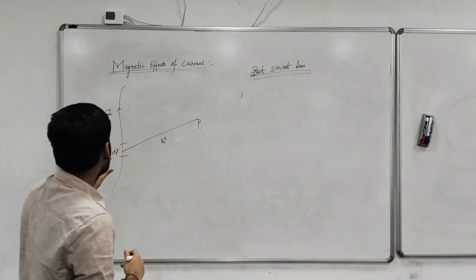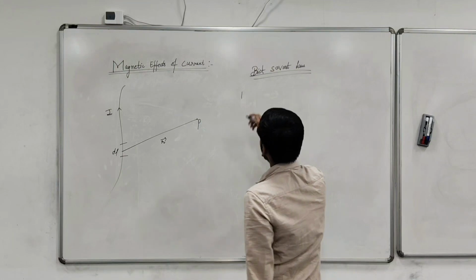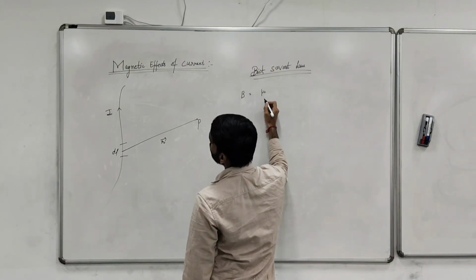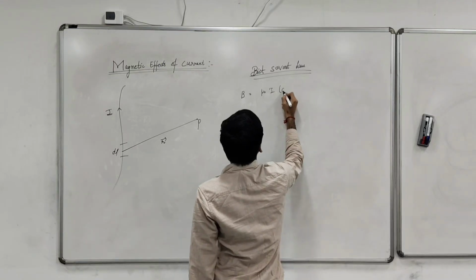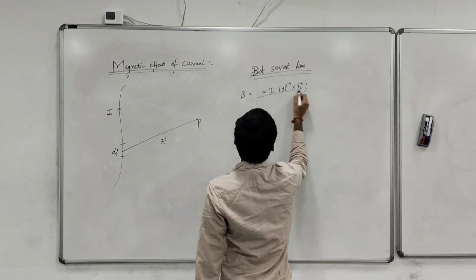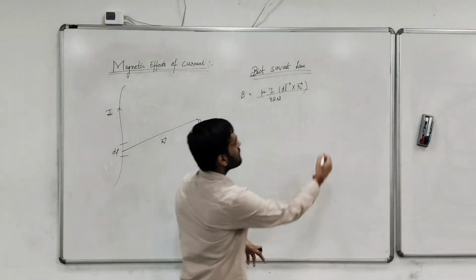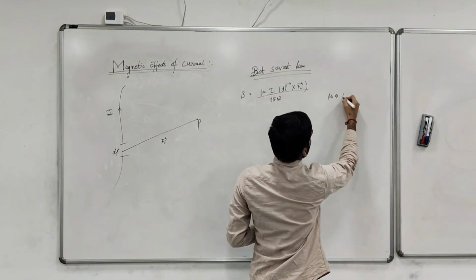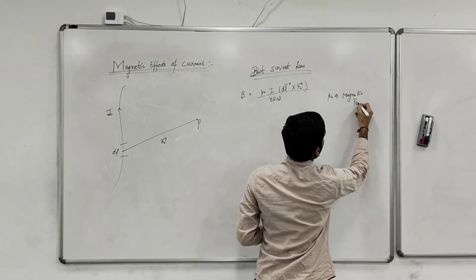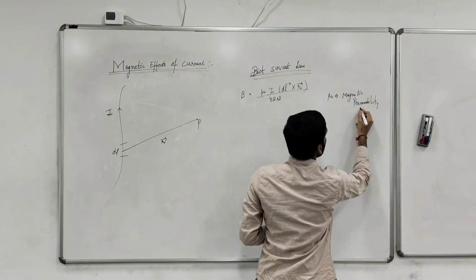The magnetic field produced by this current element at point P is given as dB = mu naught I dl cross r over 4 pi r cubed. Mu naught is the magnetic permeability of free space.